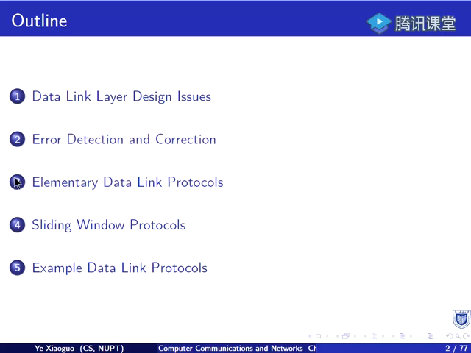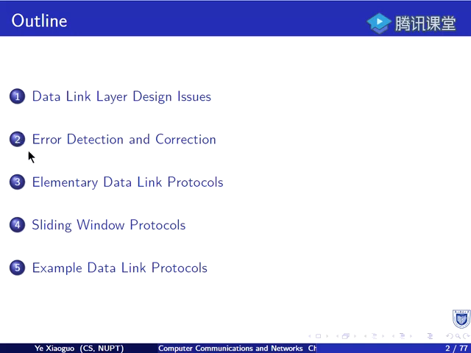Point 3 is about some protocols, especially with sliding window mechanisms. Data link layer protocols are used for flow control.